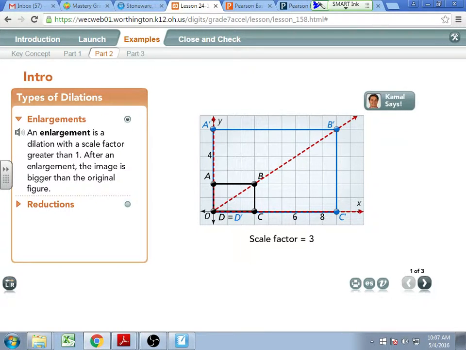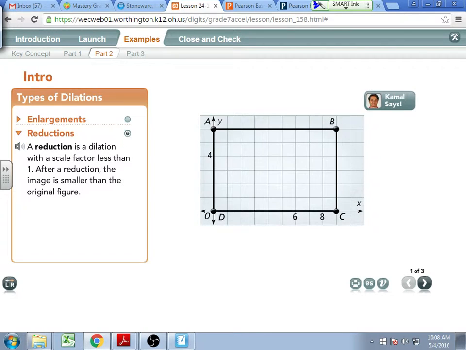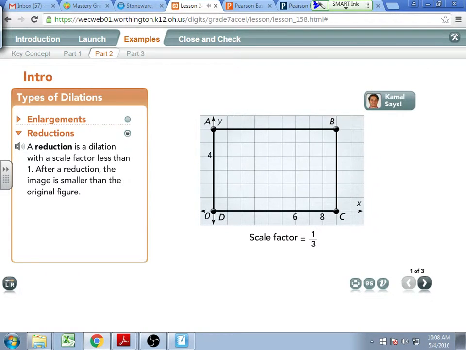All dilations are multiplying, but all dilations are not getting bigger. So on the flip side, if it's not an enlargement, then it would be a reduction. So for a reduction of size, our pre-image starts. Suppose you have rectangle ABCD. You want to reduce it using scale factor of 1/3 with center of dilation at the origin.